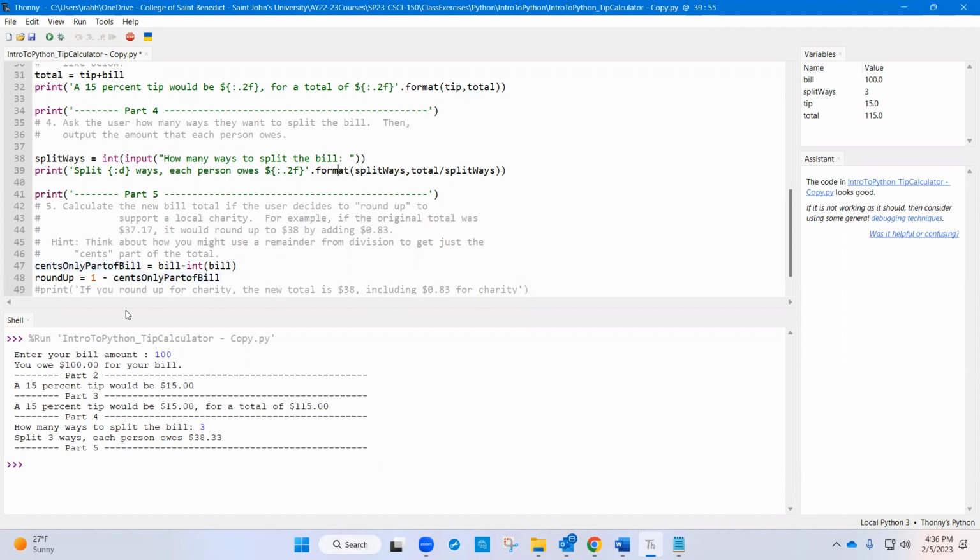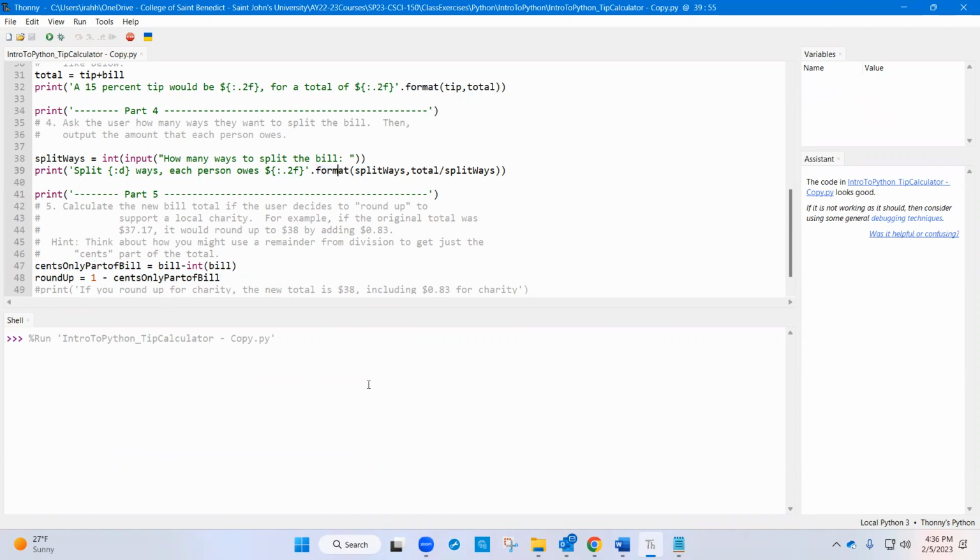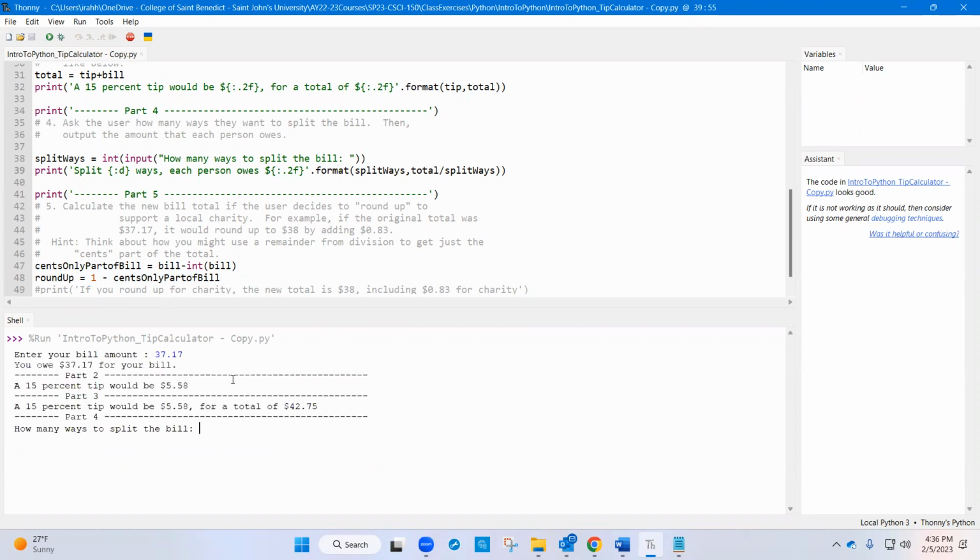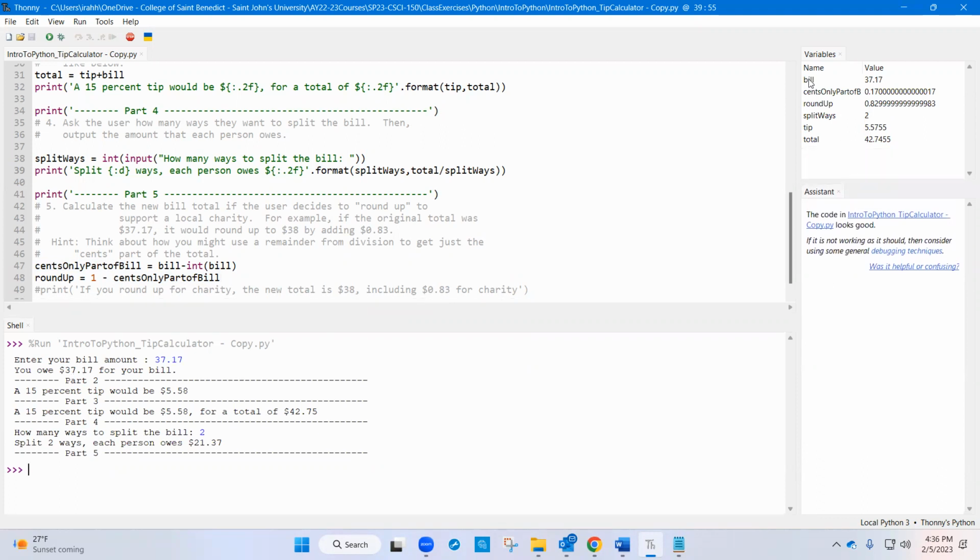So let's see if so far we're going to get the right answers. 37.17, two ways. Based on the math over here, the cents only part figured there's 17 cents, and when I did the roundup, it also realized that I'm talking about 83 cents.